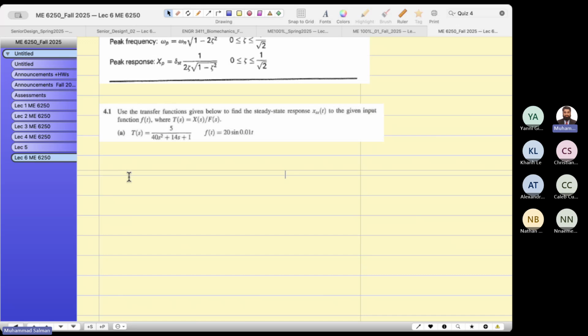So let us solve this problem together and use the transfer function. Use the transfer function given below to find the steady state response.